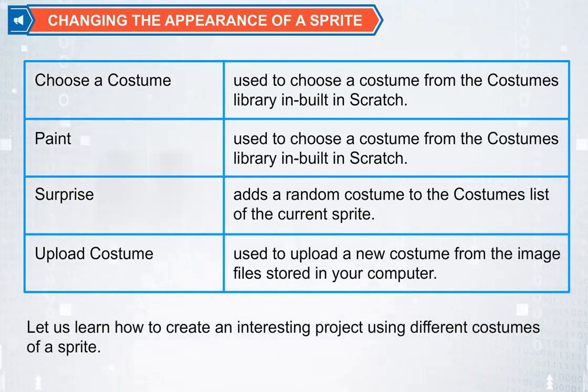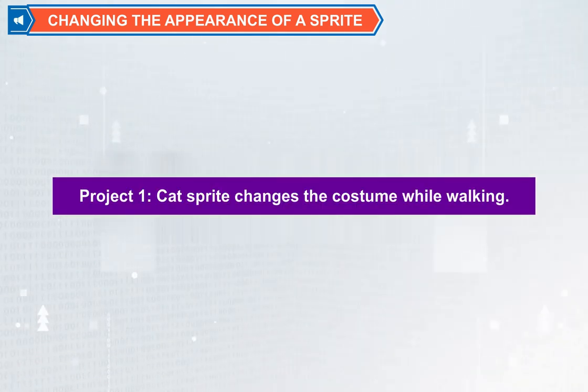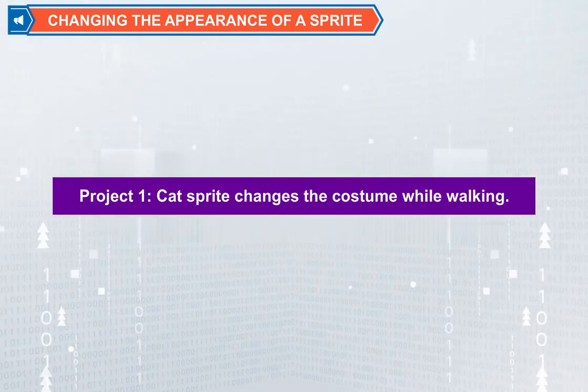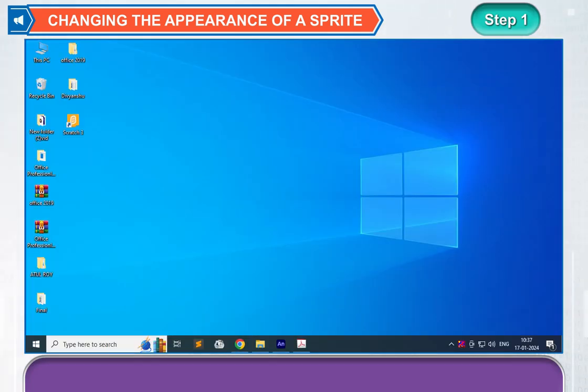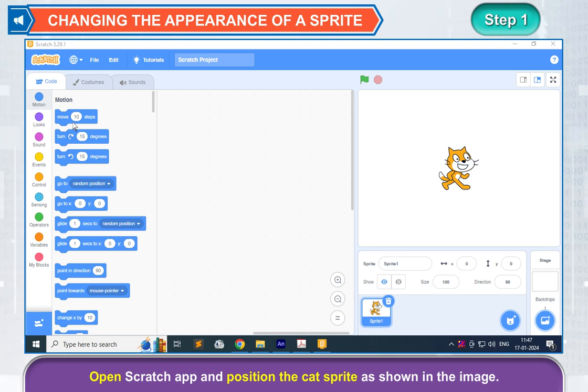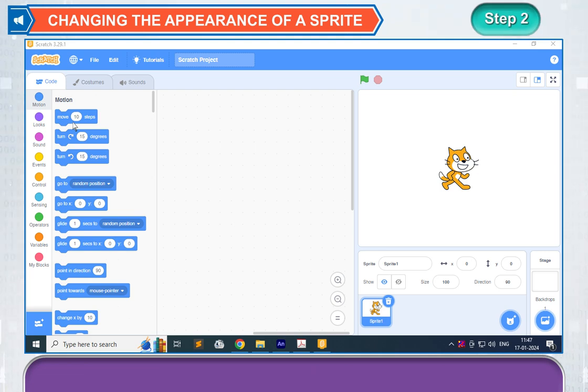Let us learn how to create an interesting project using different costumes of a sprite. Project 1. Cat sprite changes the costume while walking. Step 1. Open Scratch app and position the cat sprite as shown in the image. Step 2.